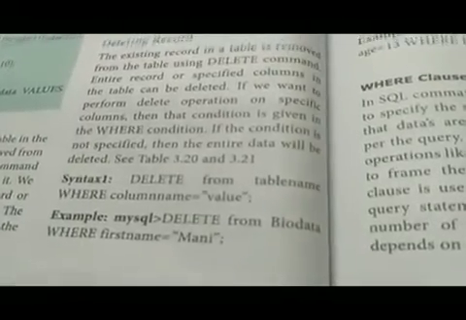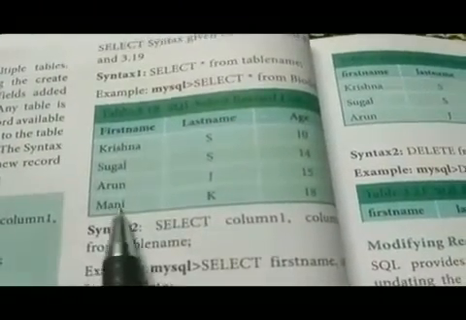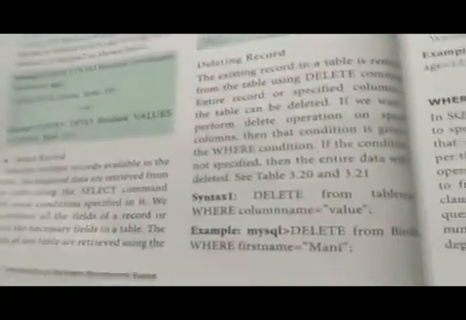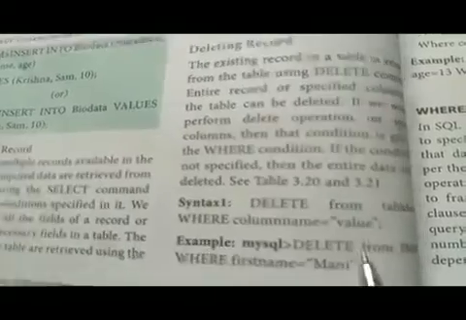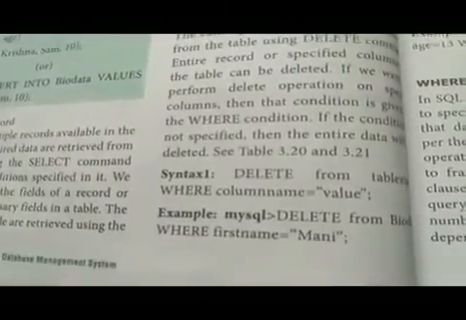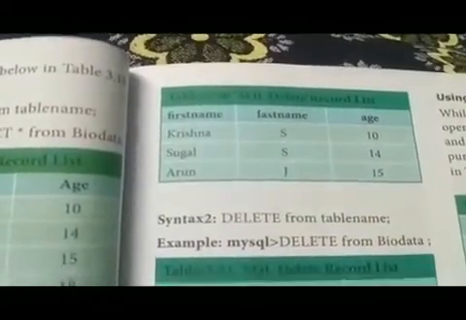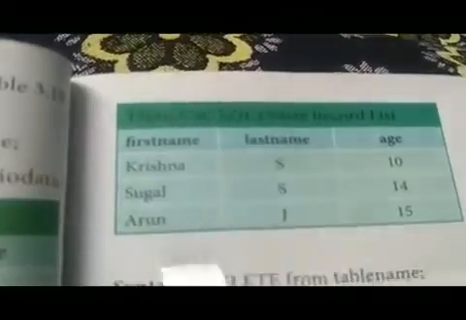What record alone gets deleted? Within those 4 records, the Mani record alone gets deleted. So after executing the last delete command, the output will be like this, with only 3 rows or 3 records. The Mani record got deleted.